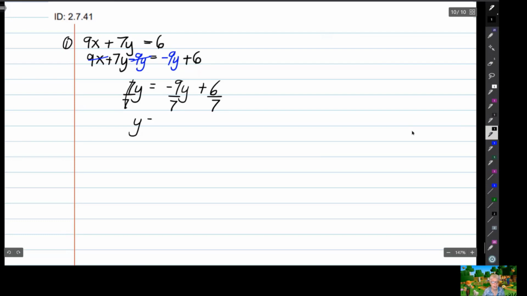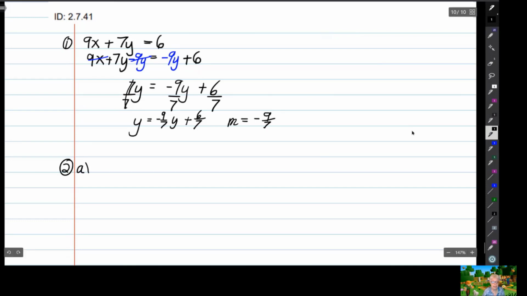So y equals negative 9/7 x plus 6/7. But this, of course, is what I'm looking for. The slope of the given line is negative 9/7.